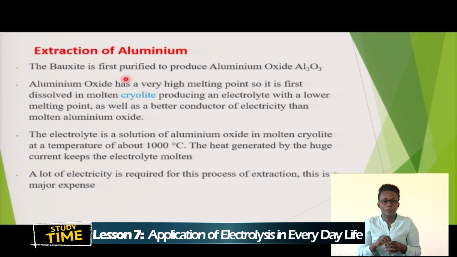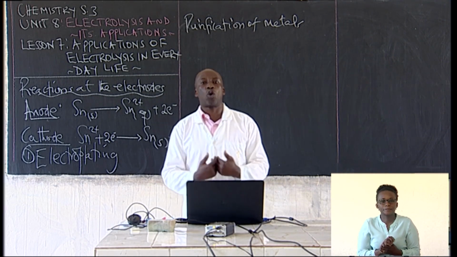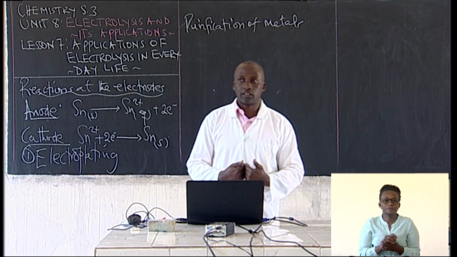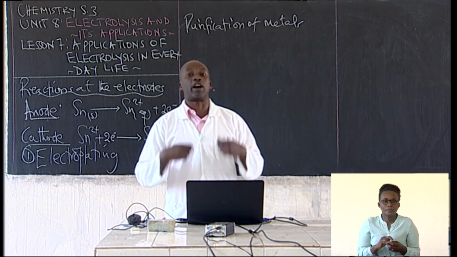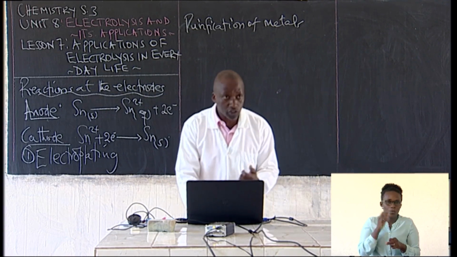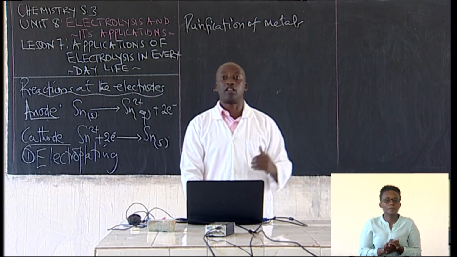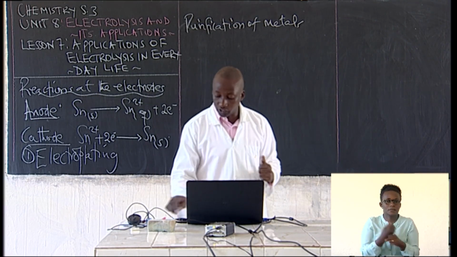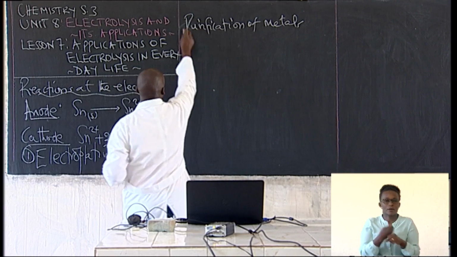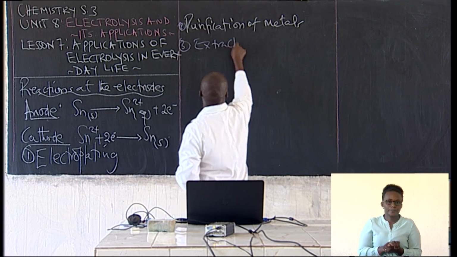Many usually say iron sheets, but not all sheets are made of iron. Many of them are actually made of aluminum. I'm just mentioning aluminum as very important, and that is why we are looking at extraction. This was number 3, so we have extraction of aluminum.